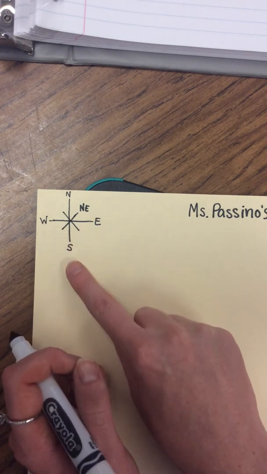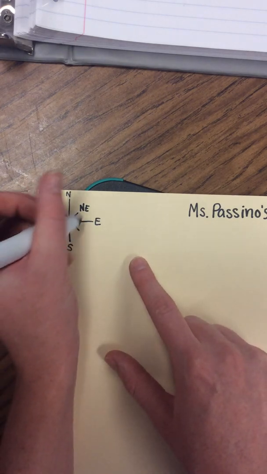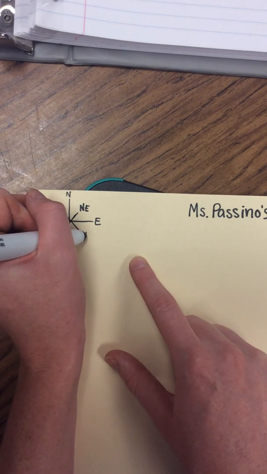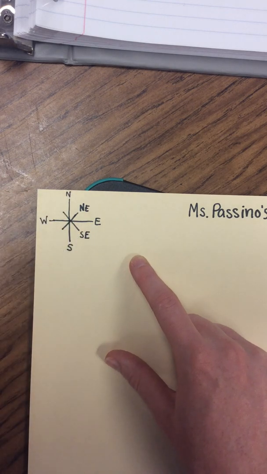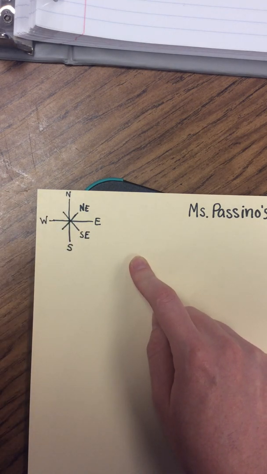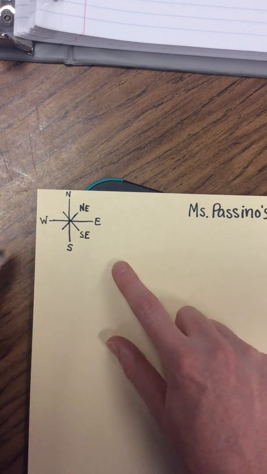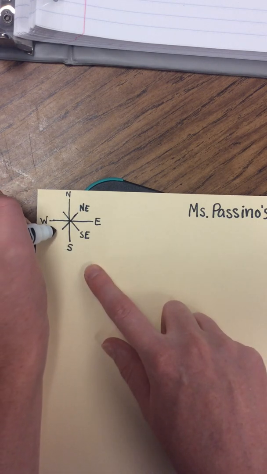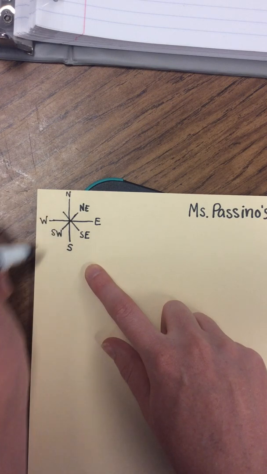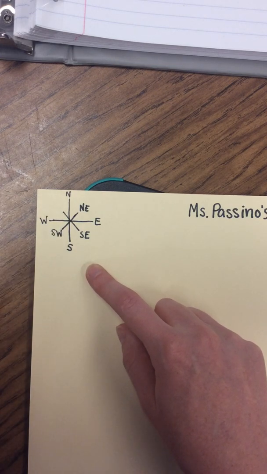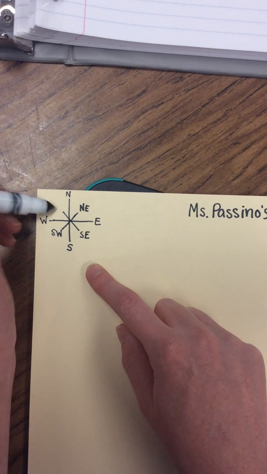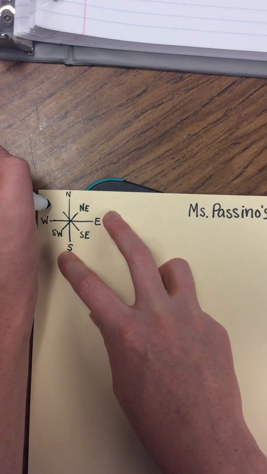If I go a little bit down and to the right, that would be southeast. If I go a little bit down and to the left, that is what we call southwest. And if I go a little bit up and to the left, that would be northwest.